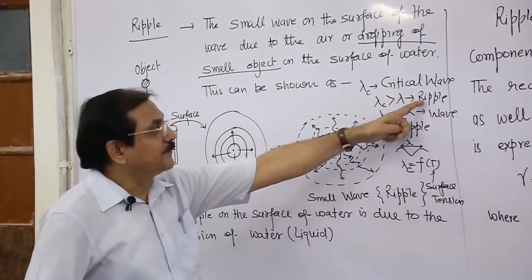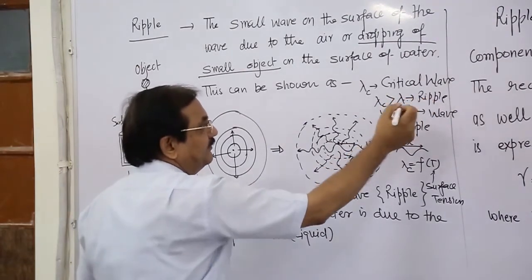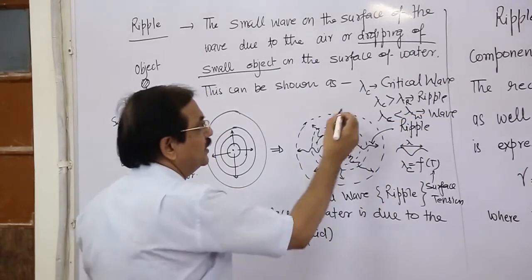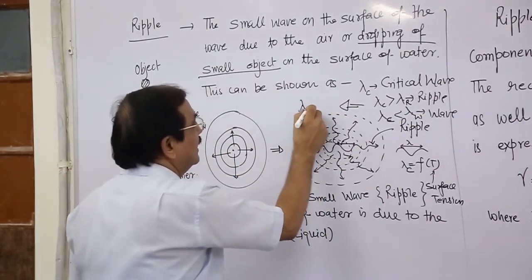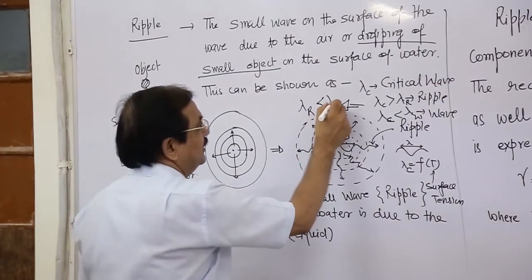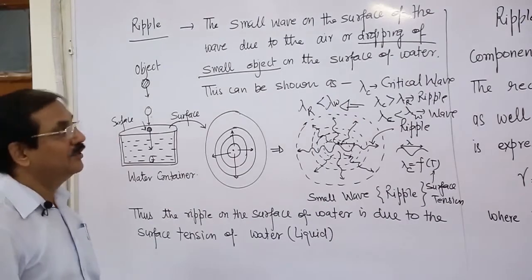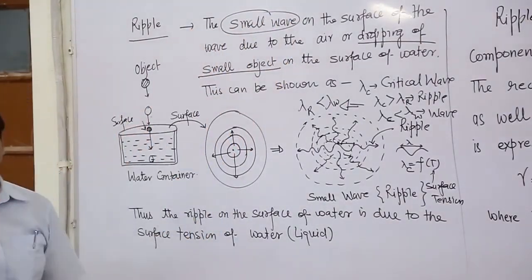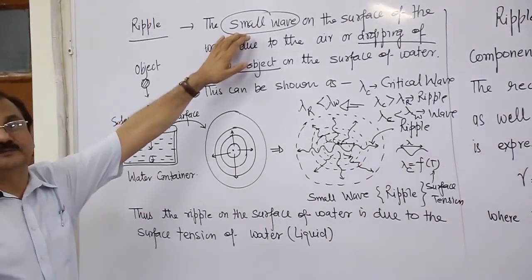So, if the ripple wavelength is lambda r and the wave wavelength is lambda w, we find that lambda r is less than lambda w. That is why it is called a small wave. So, ripple is a small wave.